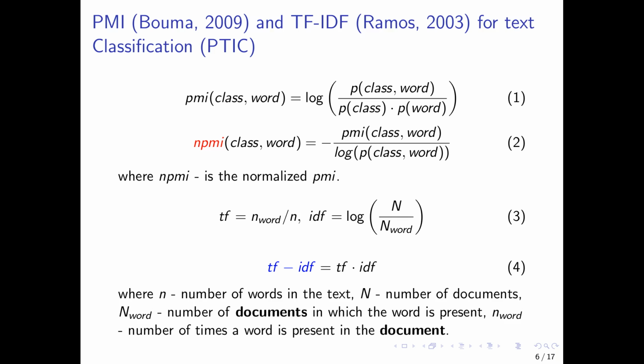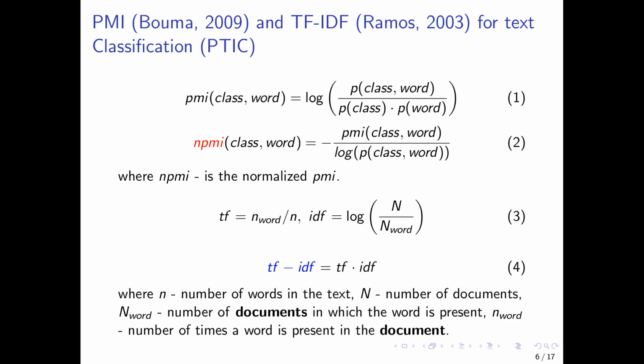In order to calculate TF-IDF, we have to multiply together term frequency and inverse document frequency. Term frequency is the number of times a given word occurs in the text, whereas inverse document frequency is the inverse of the number of documents in which a word occurs divided by the total number of documents.